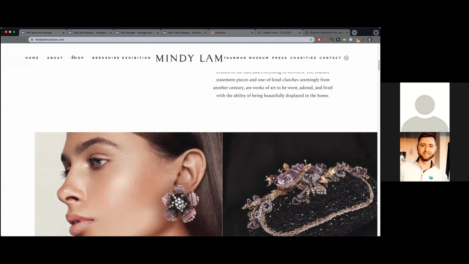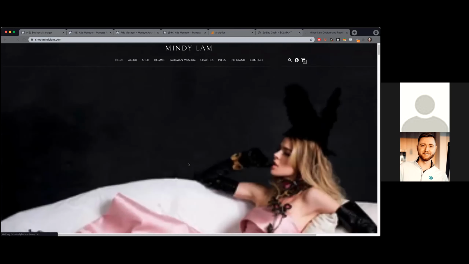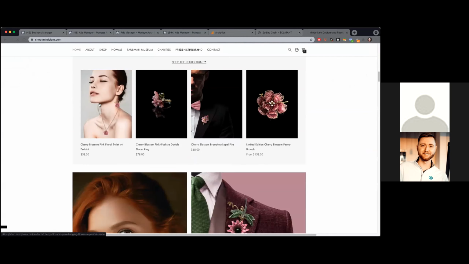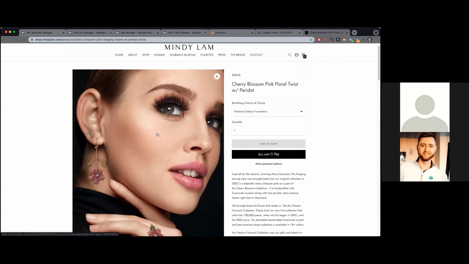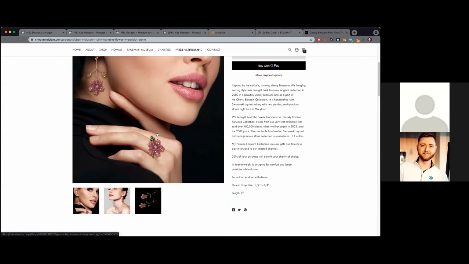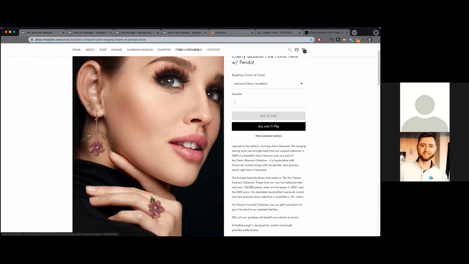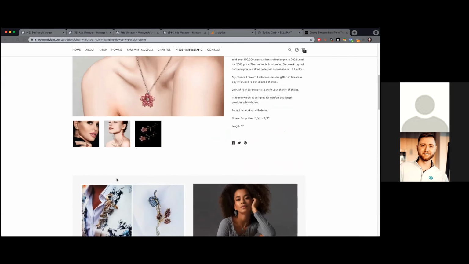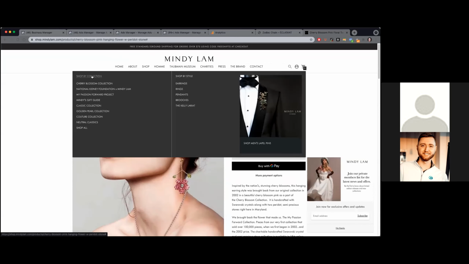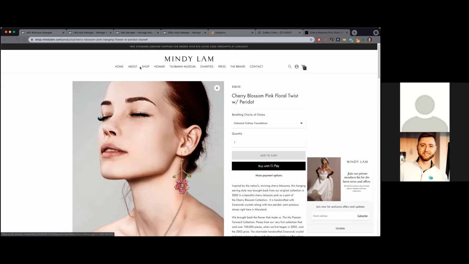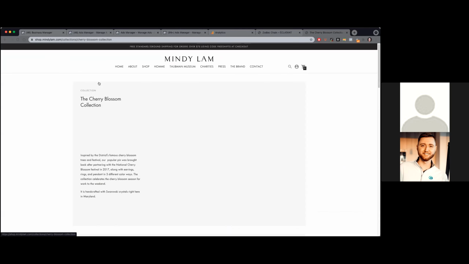Let's see, shop. So what am I supposed to be seeing here? Go to the shop real fast, and then just click on a collection. Anything. Why is it not going through? Come on, cherry blossom. There we go.